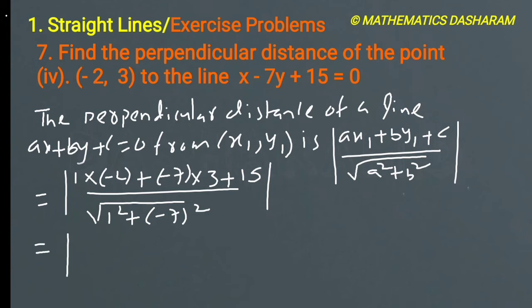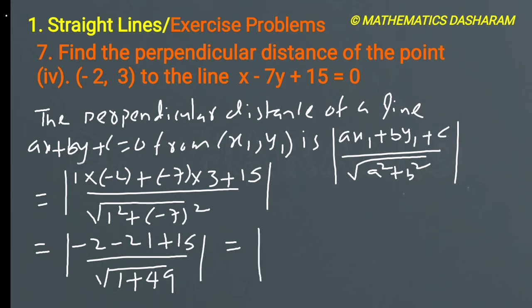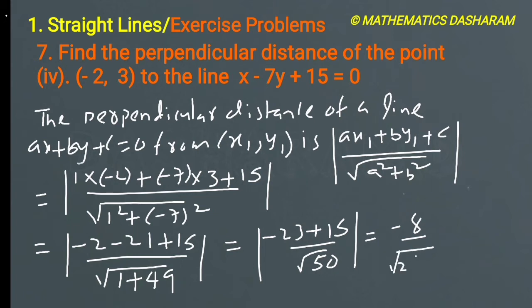So 1 into minus 2, minus 7 into 3, minus 21, plus 15, divided by under root 1 square is 1, 7 square is 49. So minus 2 minus 21 is minus 23, plus 15, divided by root 50. So it is equal to minus 23 plus 15 is minus 8, and root 50 can be written as under root 25 into 2. So it is equal to 8 divided by root 25, meaning 5 root 2. So 8 divided by 5 root 2 is the answer.